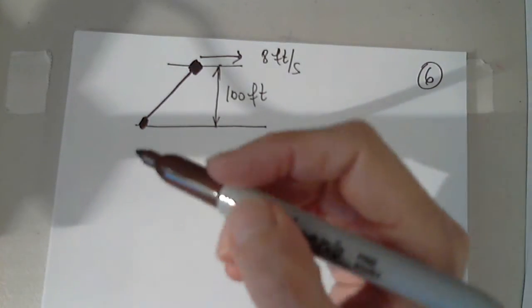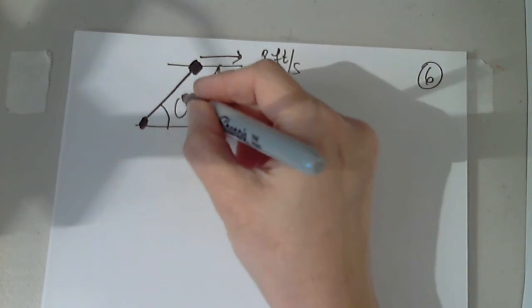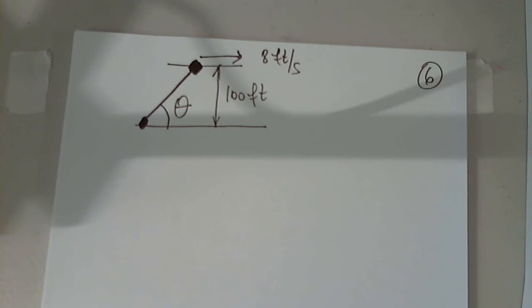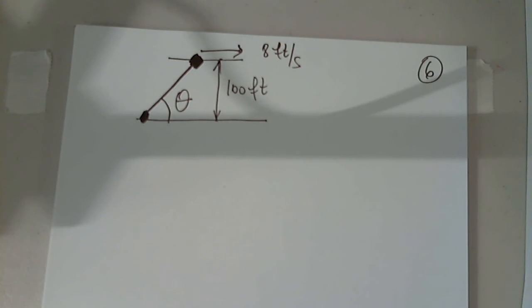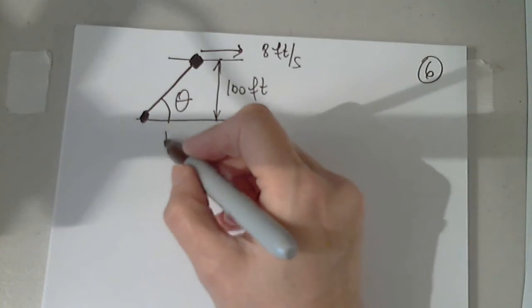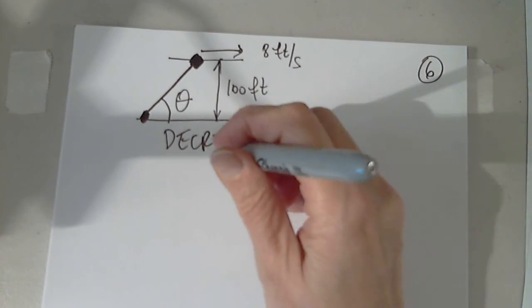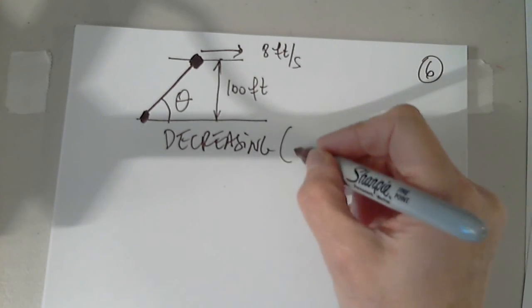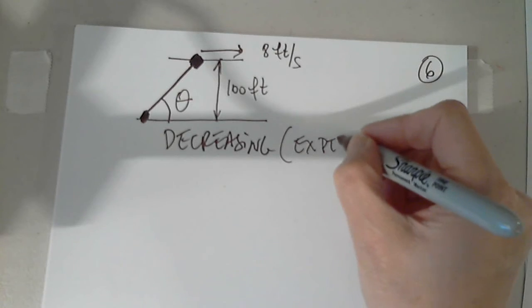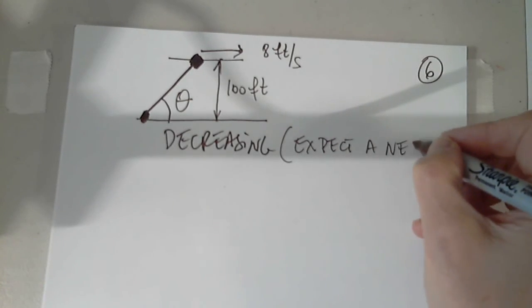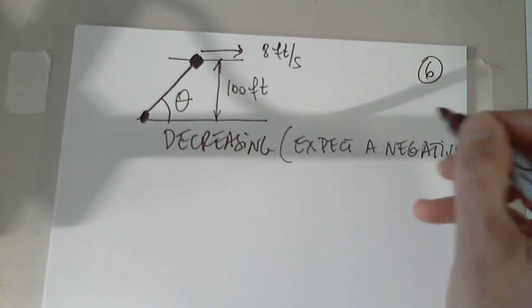At what rate is the angle theta between the string and the horizontal decreasing? When I hear or read the word decreasing, I expect a negative rate of change.